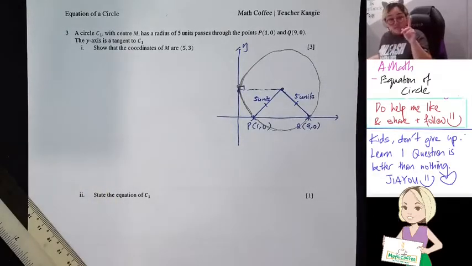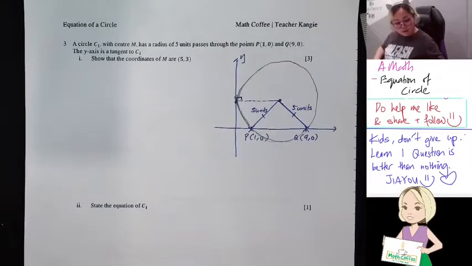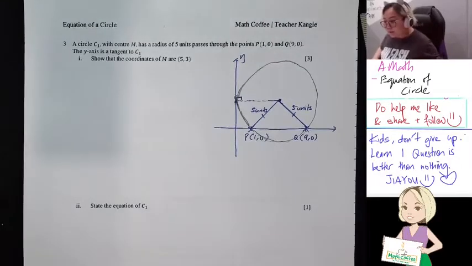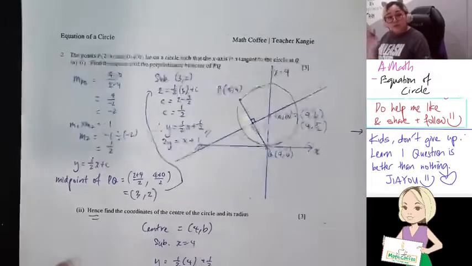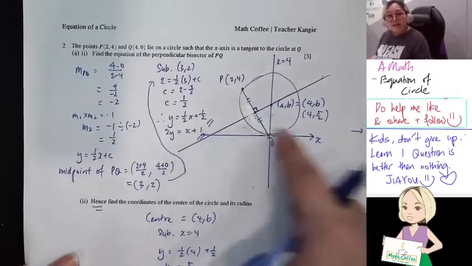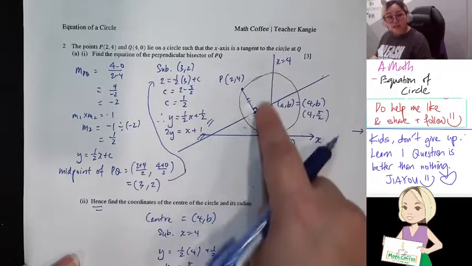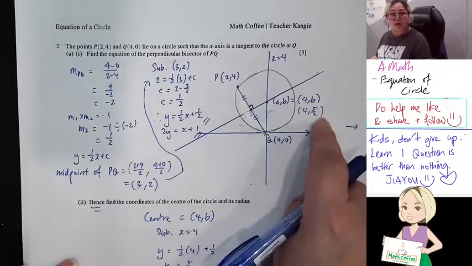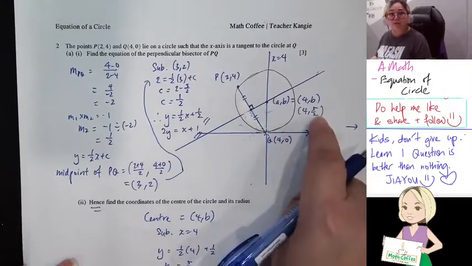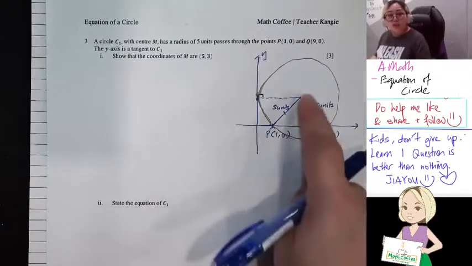And just to recap, remember, kids, take note. When my x-axis was a tangent to the circle, the radius, from the center, was the y-coordinate. The y-coordinate was 5, so my radius was 5. Now the y-axis is the tangent to the circle.